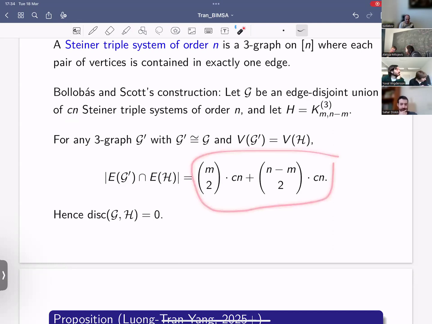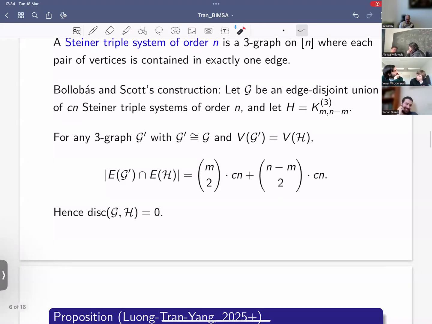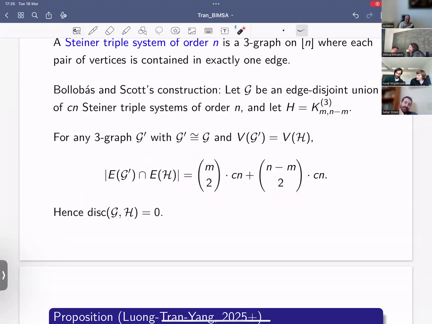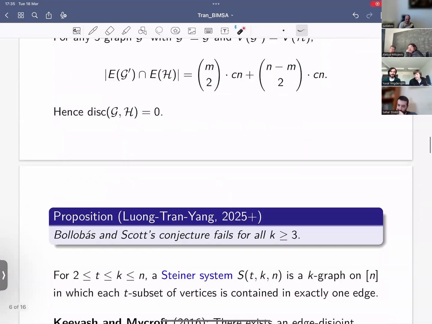So at least someone follows and understands this construction. Because the intersection size is a constant, the discrepancy is 0. Is that clear for everybody?